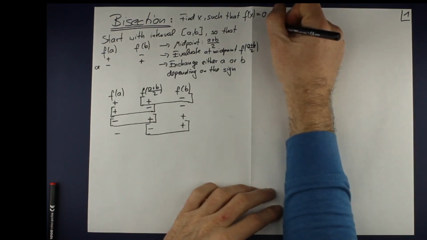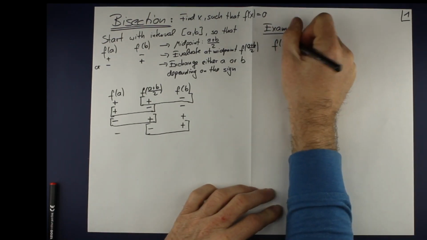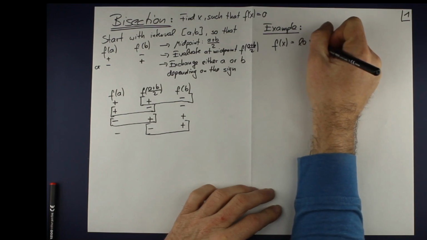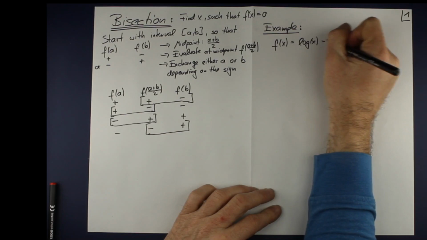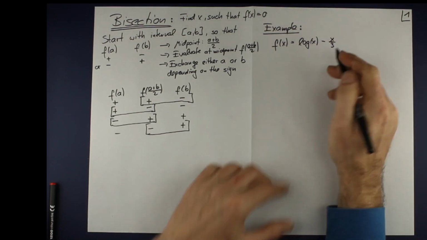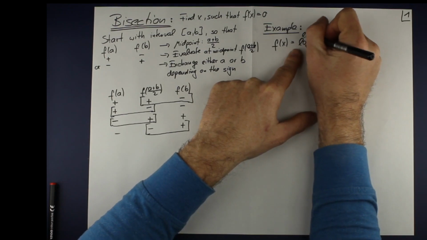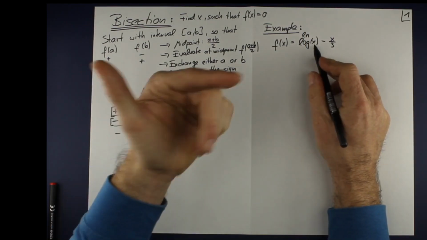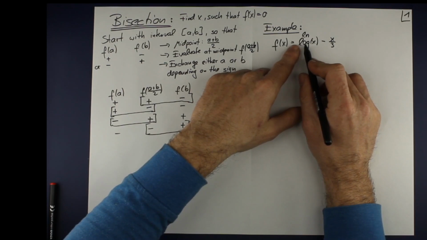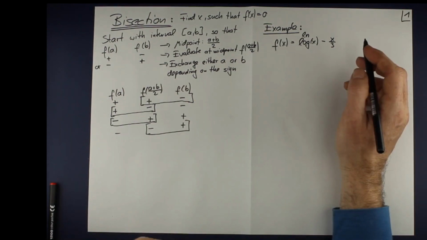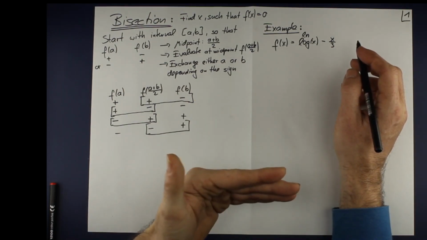Let's have an example. Let's use the function natural logarithm of x minus x divided by 3. The natural logarithm, normally we write ln of x, but in MATLAB they work with log. Now we need an initial interval.